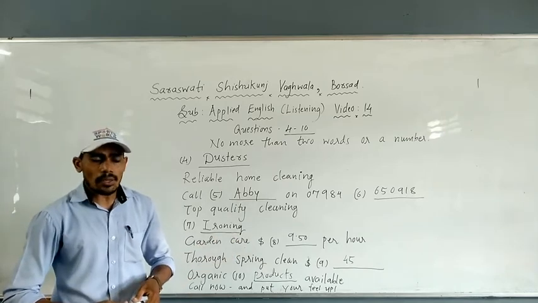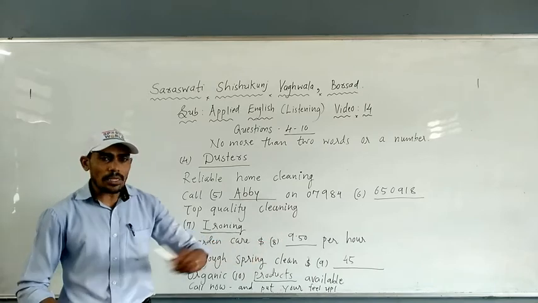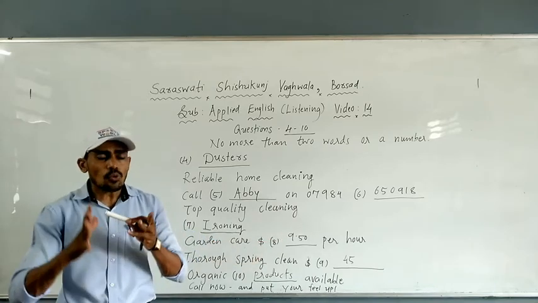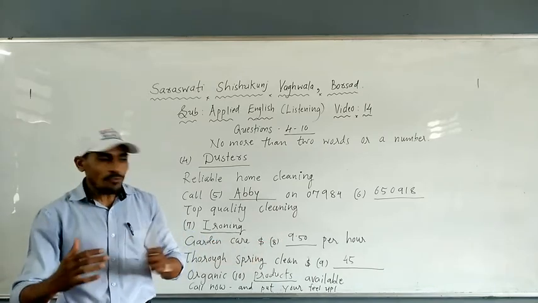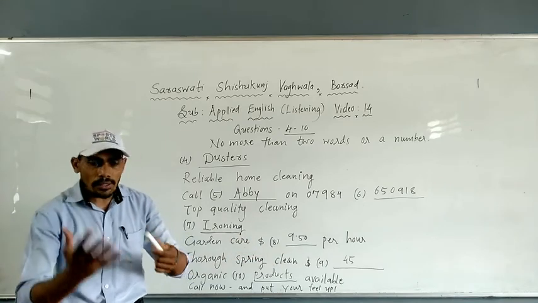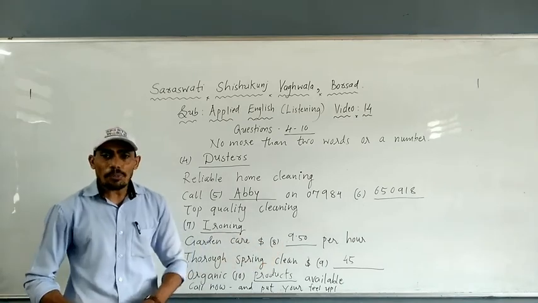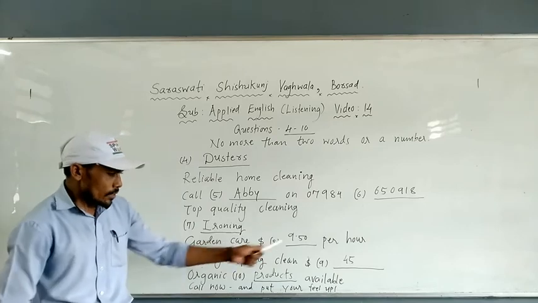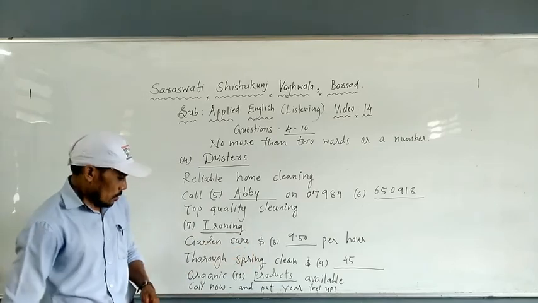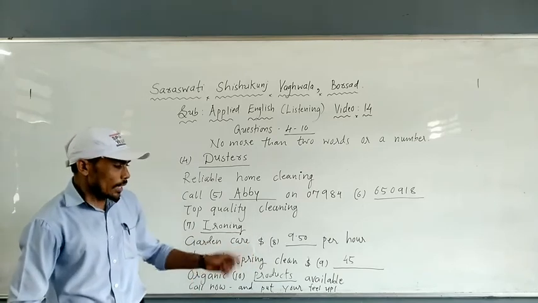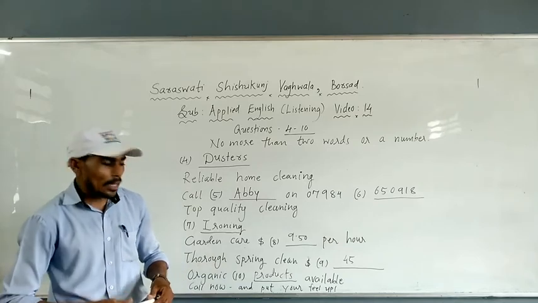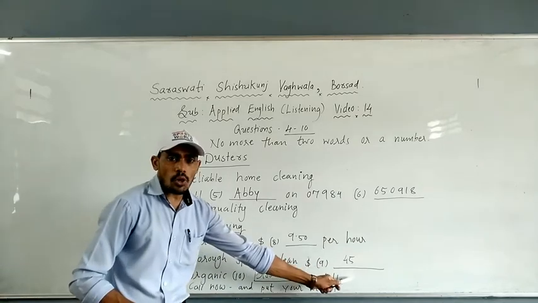Now, what is the rate? It's 9.50. But you cannot hear it as 950 hours, it cannot be. So what is supposed to be? It is 9.50 per hour. Okay, that is in dollars. And thorough spring clean is $45. How much?